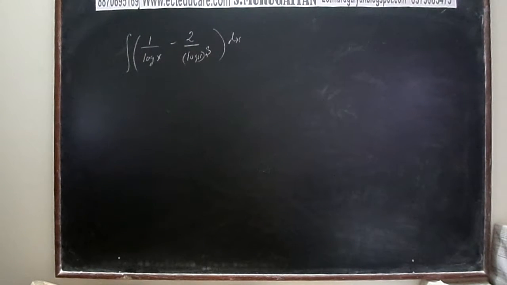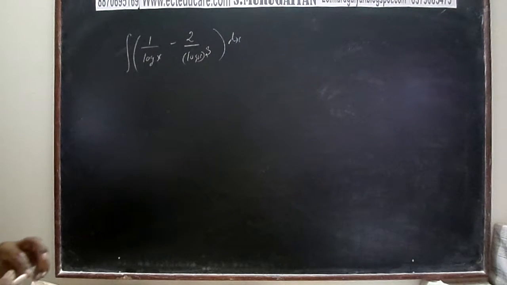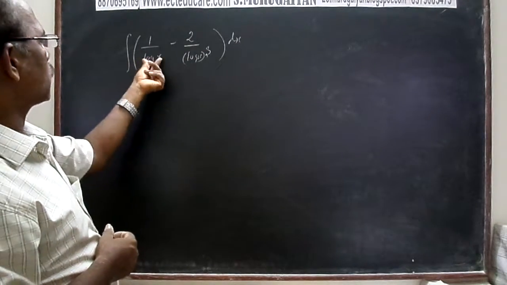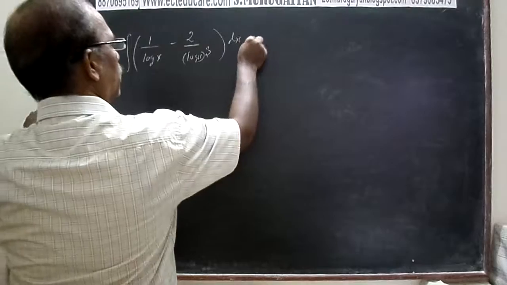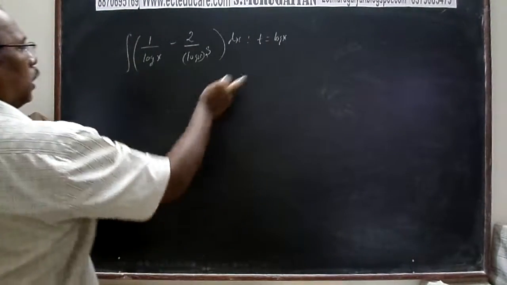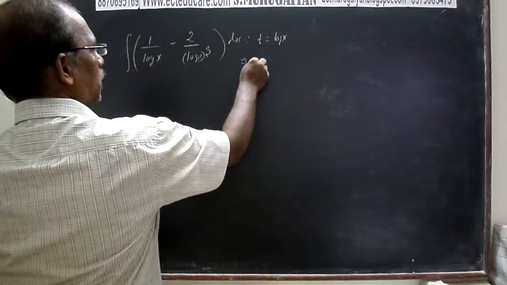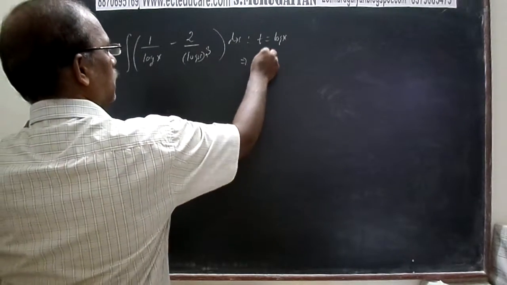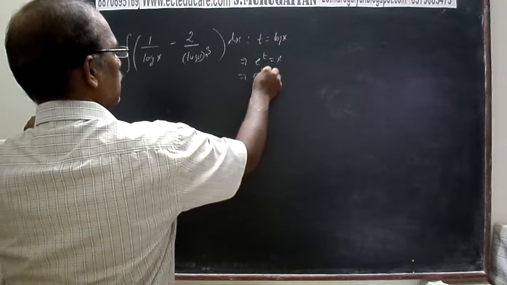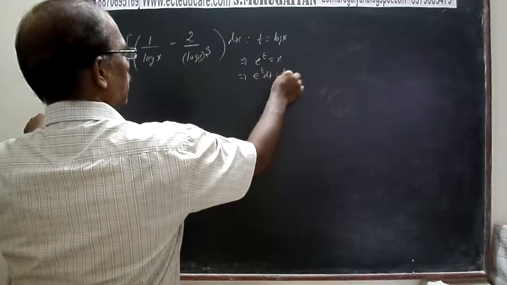The next question: integral of (1 by log x minus 2 by (log x) whole power 3) dx. This is again a function of log x. The entire integrand is a function of log x, which means we take t equal to log x. This implies e power t equals x, and e power t dt is nothing but dx.